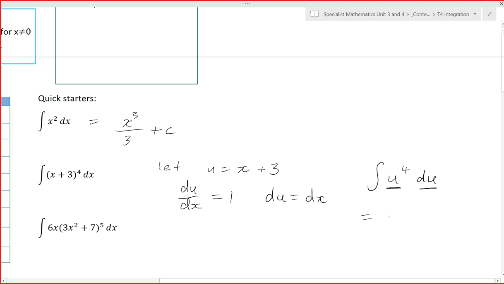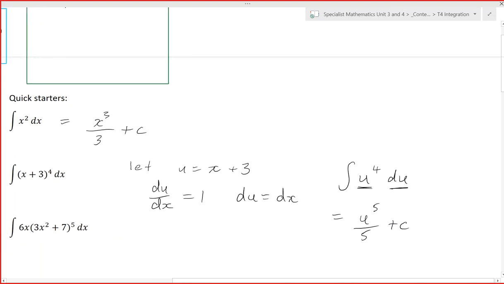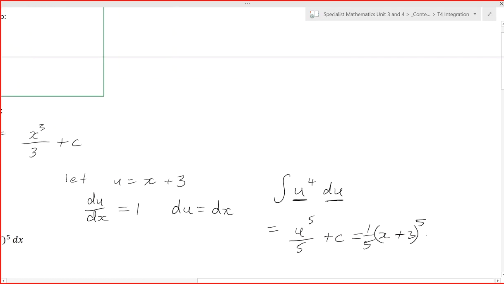So it's just the rule we just did. So add to the power, divide by the new power, plus c. Now because the original asked us to find dx, we need to substitute x back in. So u equals x plus 3. So we substitute that back in. And that's our final answer.